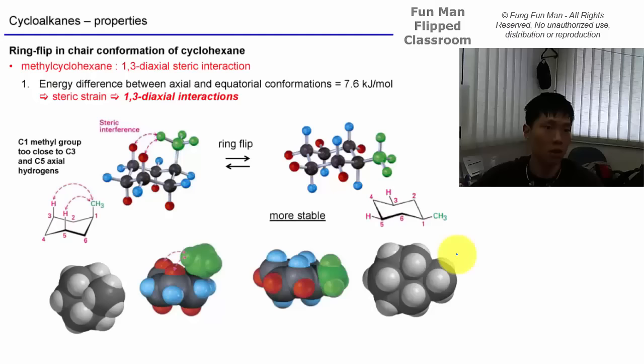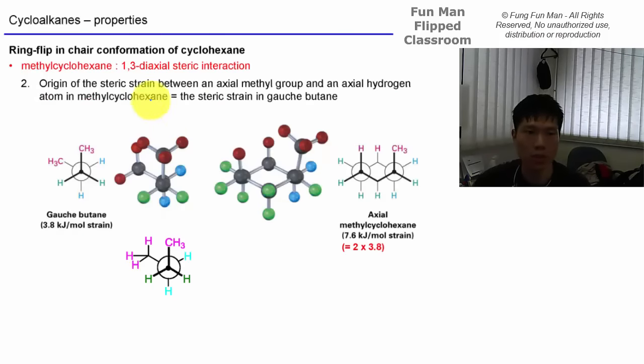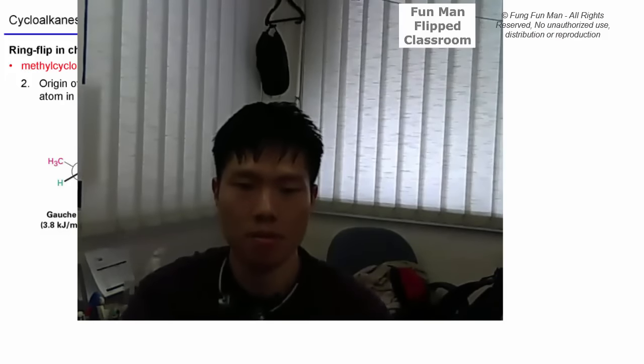So that's kind of repulsive. We call it 1,3 diaxial interaction. If you use the Newman projection to draw it out, you see that there's some kind of gauche strain here. Remember? Gauche. Sideways. Gauche. Big ball.